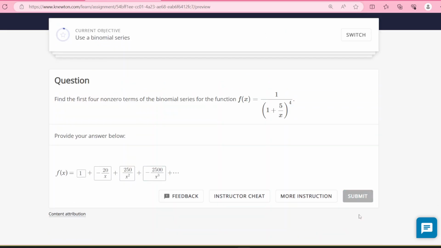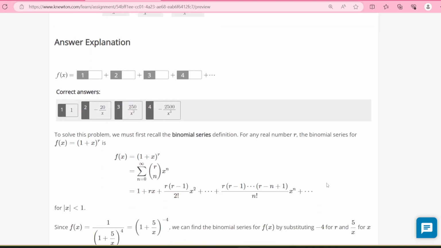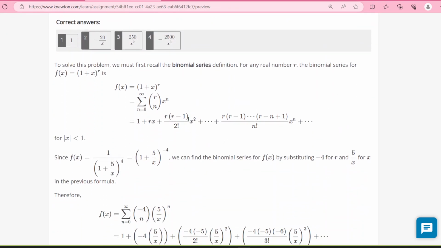Should be good. Yeah, wonderful. Again, you keep subtracting 1 from those factors of r in the numerator there.